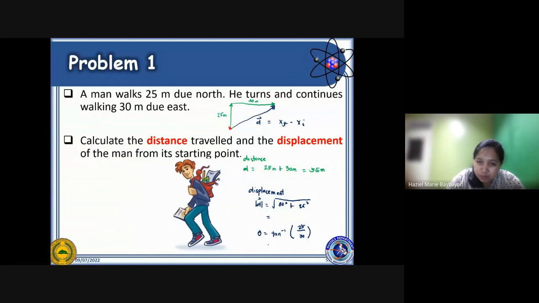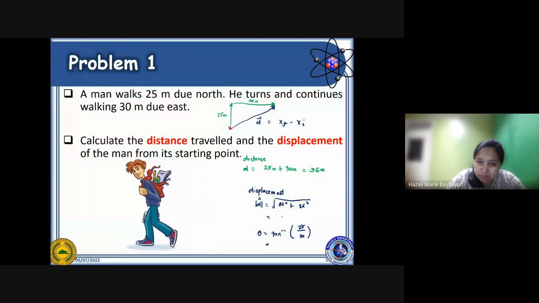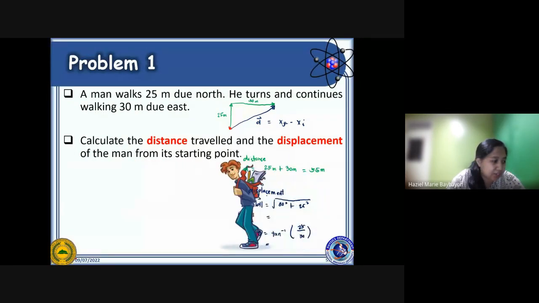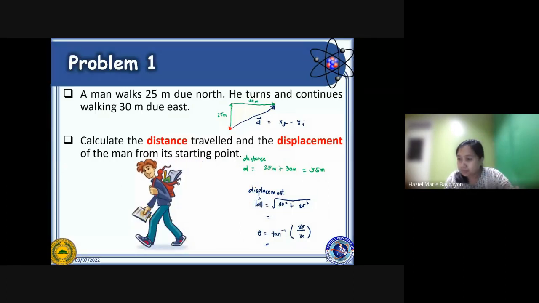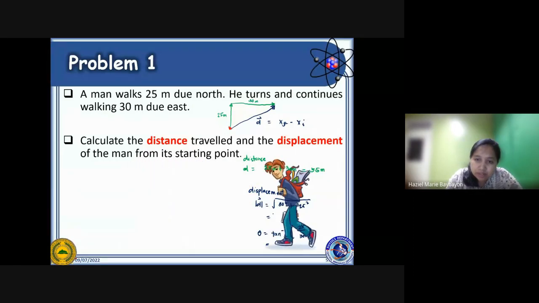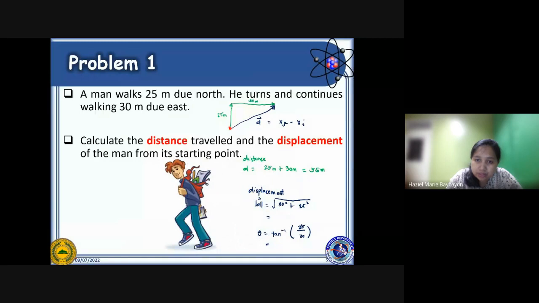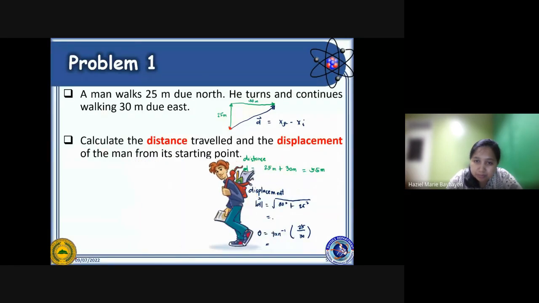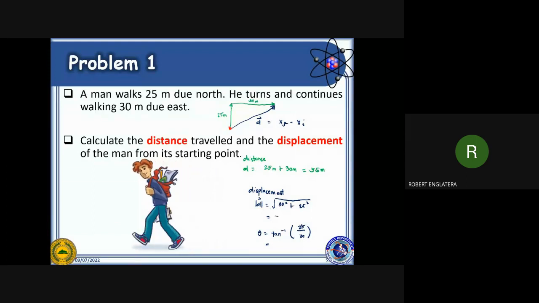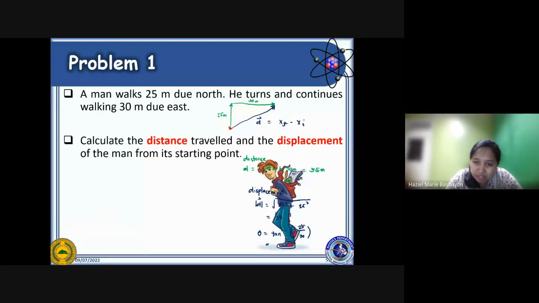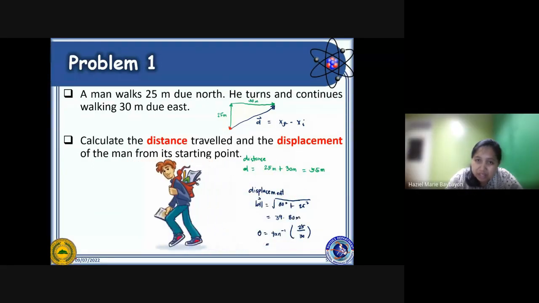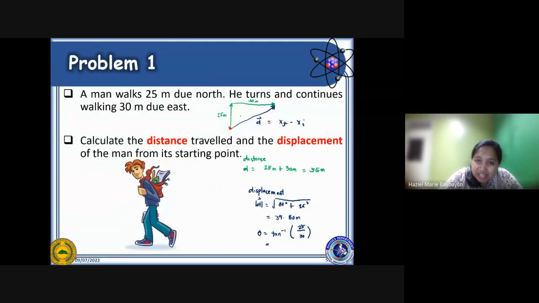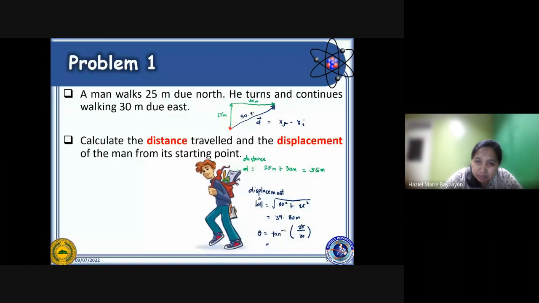Okay, so I hope you have your calculator there with you so that you can help me with the calculation. So this one is 39.05 meters. So the length of this is 39.05 meters.